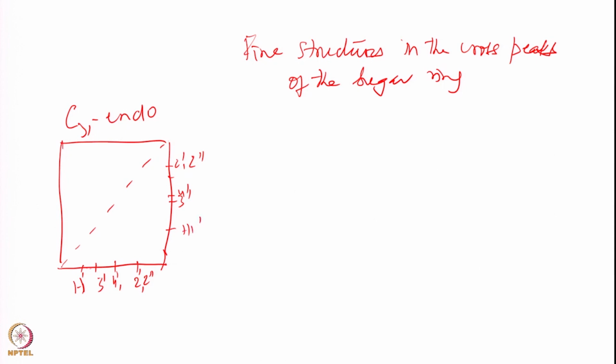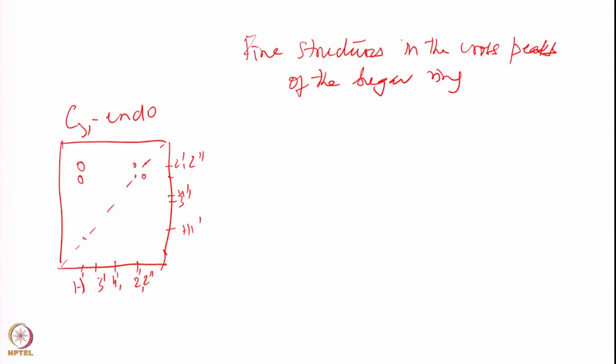Now, what cross peaks will I have? Of course, the diagonal will be present here. For 1 prime to 2 prime 2 double prime, I will have 2 peaks here schematically in the COSY spectrum. So, 2 prime to 2 double prime. Of course, you will have the cross peak between these 2 prime to 2 double prime, this will be present. Now, will the 1 prime 2 prime peak be present in the C3 prime endo geometry?